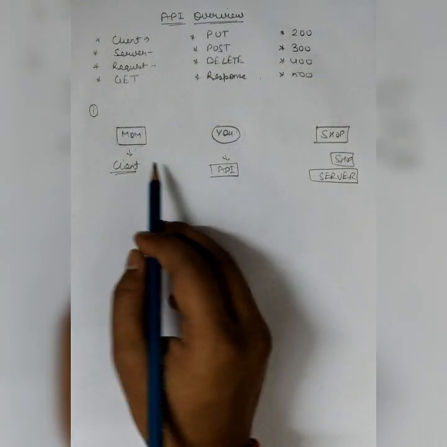Now in this condition, let's say your mom asked you to go and check if the shop has 1 kg of rice or not. You went to the shop, saw that the shop is open, and asked the shopkeeper.